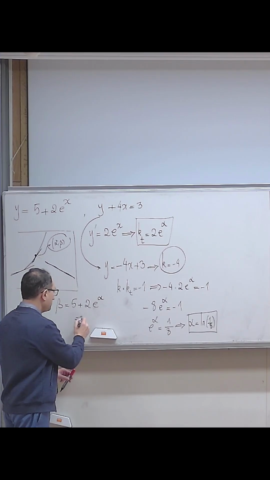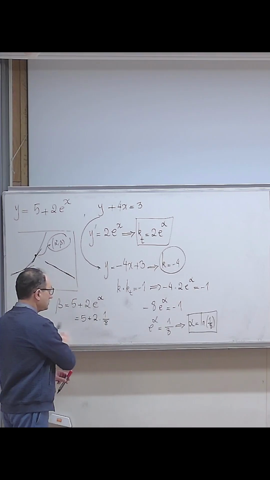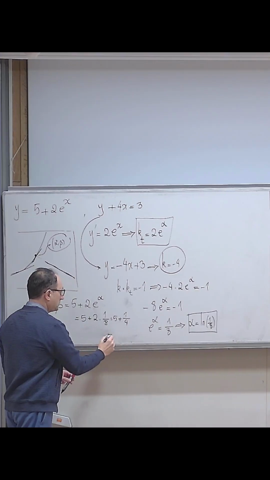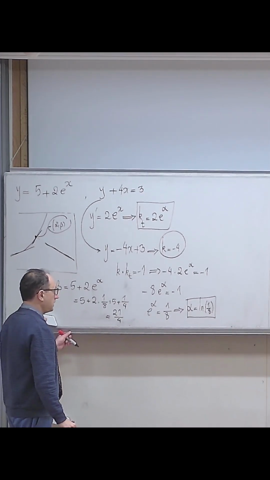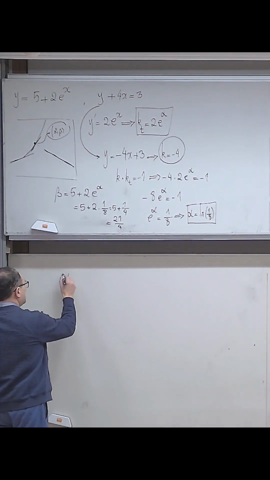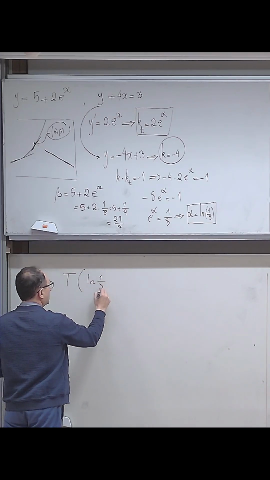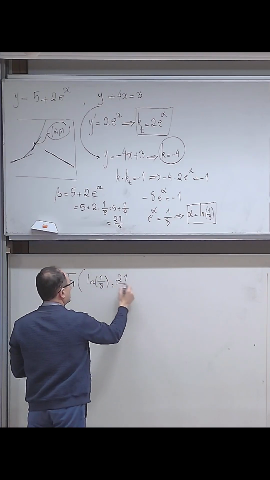So it becomes 5 plus 2 times 1 over 8. But 2 times 1 over 8 is 1 over 4. And if I take the common denominator, 21 over 4. So that is your beta. So if I want to finally answer the question, the point, if you don't mind, let me give it a name: alpha is ln of 1 over 8, and beta is 21 over 4.